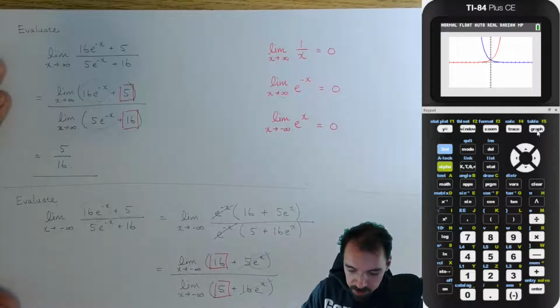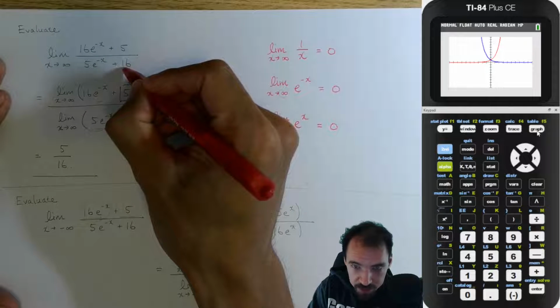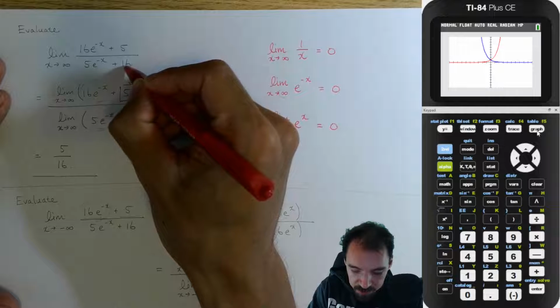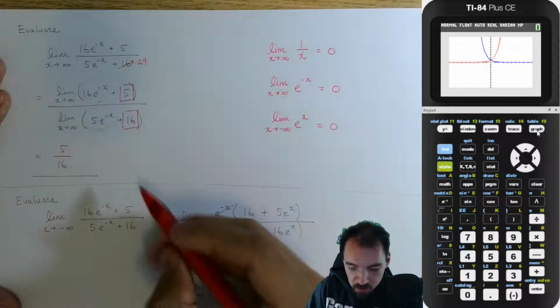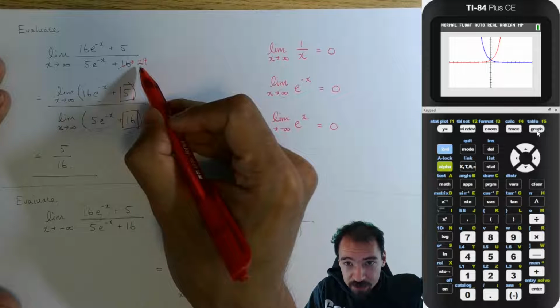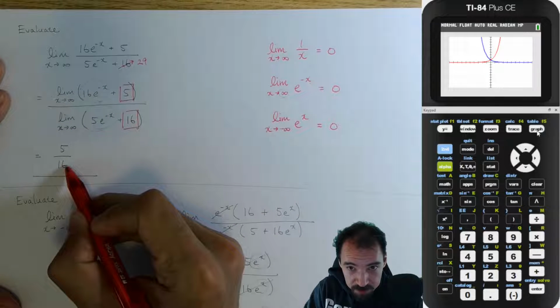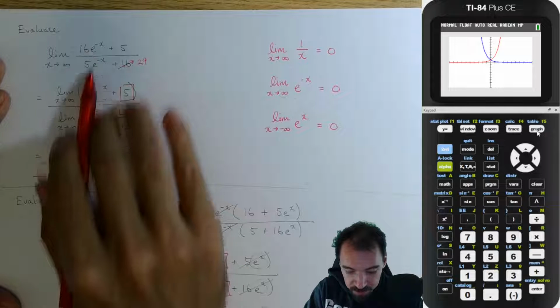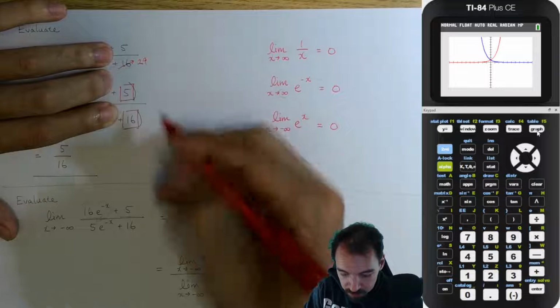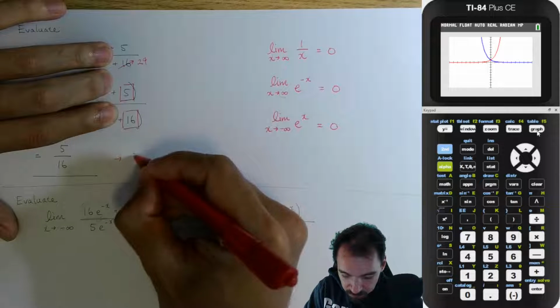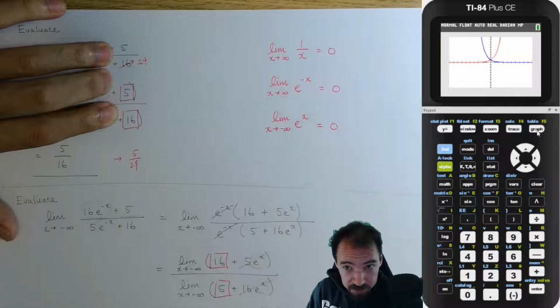For example, if I had changed this 16 right here, if I want to turn this into, let's say, 29, where would that change my answers? Would it change this? Yes, right? Because these are the pieces that disappeared, and we only looked at the 5 and the 16. So this would turn into 5 over 29, okay?